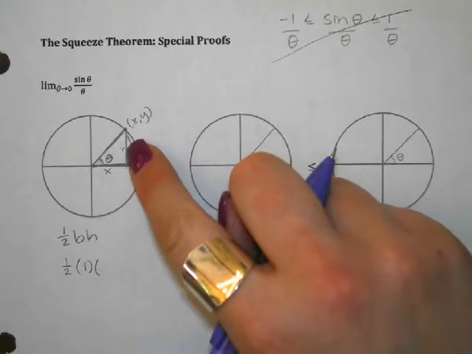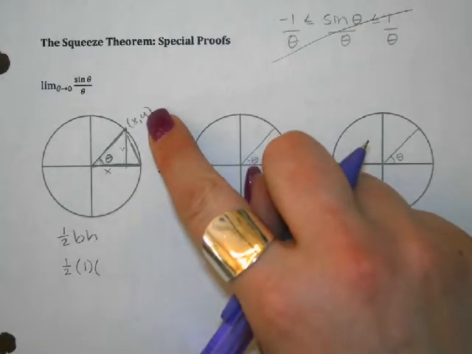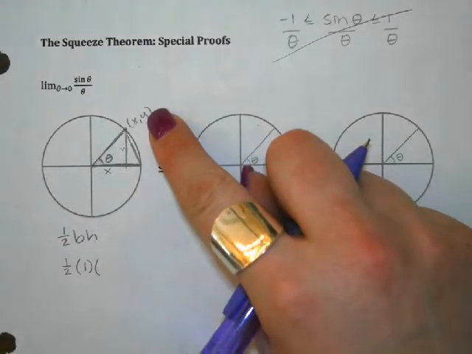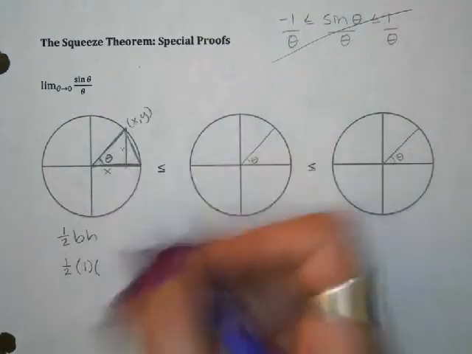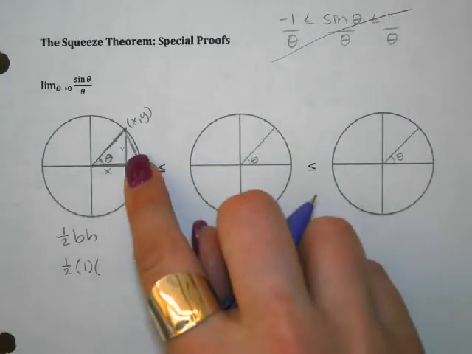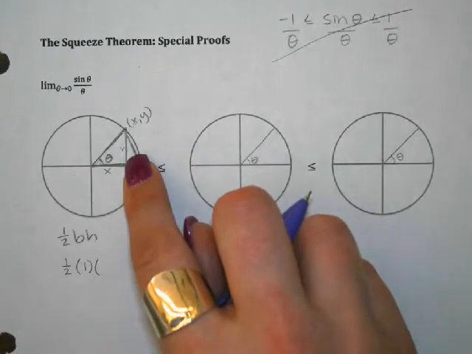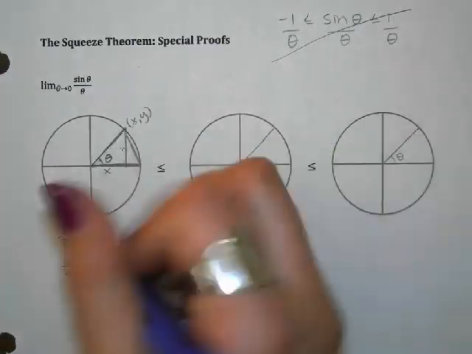And then for the height, we have that y value, right? And y, the y coordinate on a unit circle, stands for what? Anyone remember what it corresponds to? Thinking trig? Sine. So instead of using y to represent the height, I'm going to say sine theta, okay?